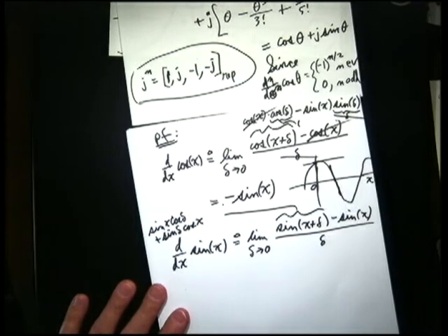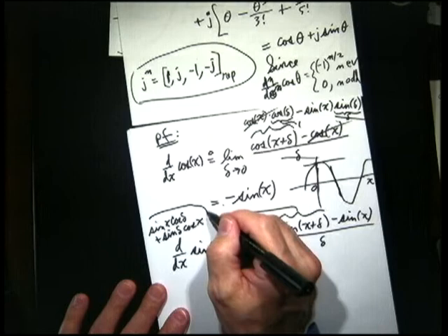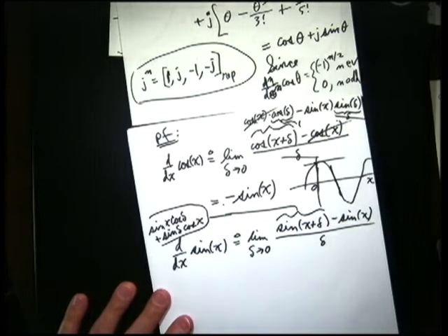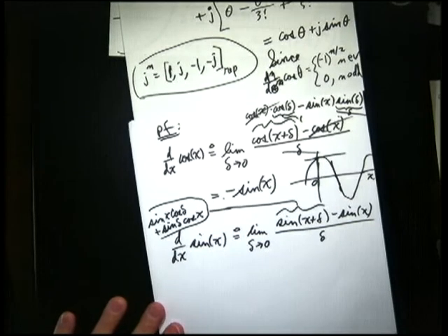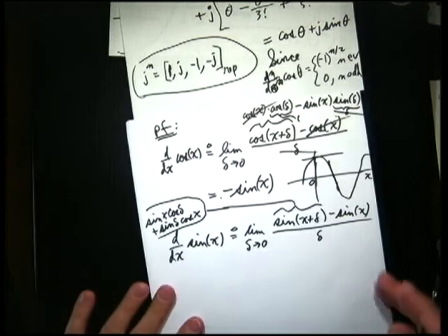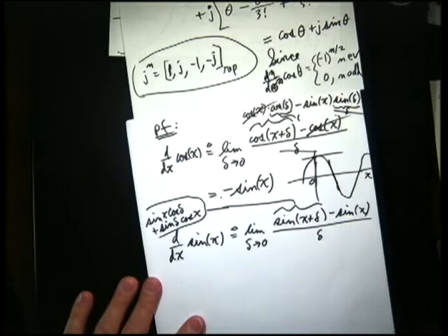Does everybody remember that? That hopefully rings a bell. So cosine of a plus b is cosine a cosine b minus sine a sine b, and sine of a plus b is sine a cosine b plus cosine a sine b, or flipped. All right, so that is the formula.